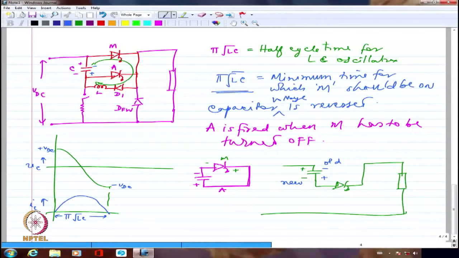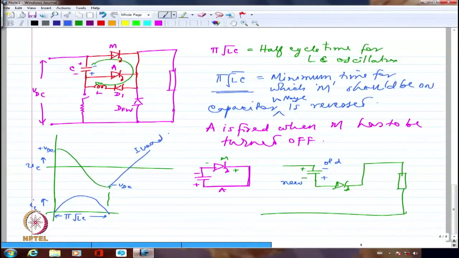Right? So this is the voltage. Now it is going to be a linear kind of charging, if I assume that the load current is fairly constant, maybe an RL load with inductance being pretty large. So I'm going to have a linear charging. This rate of rise will correspond to I load. Right? I load times T. That is what will be the charge accumulated.